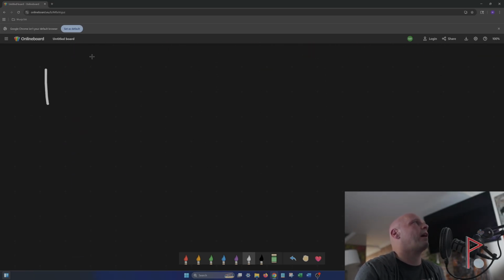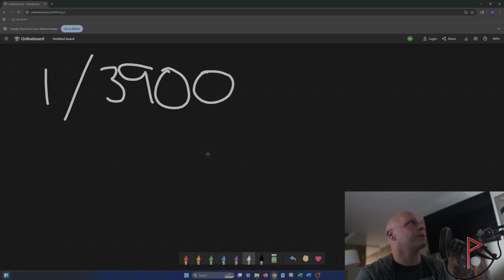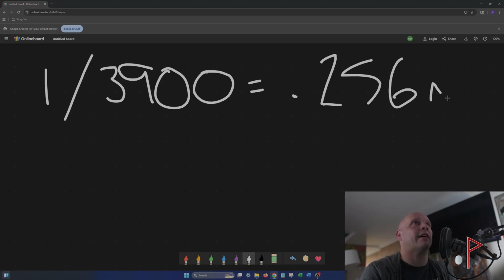So we take our 1 second and divide it by 3,900 megahertz. But 3,900 megahertz, mega being million, 3,900 million is 3.9 billion. 1 divided by 3.9 billion gives you 0.256 nanoseconds.